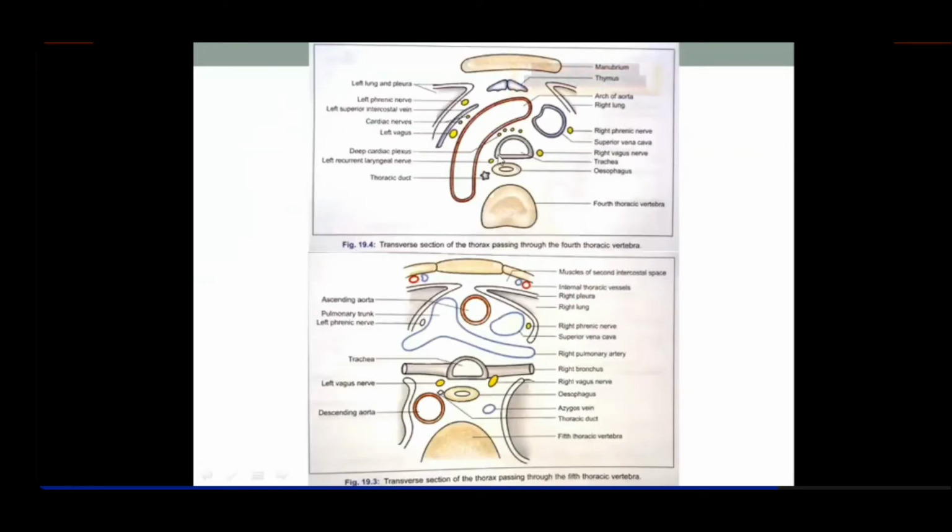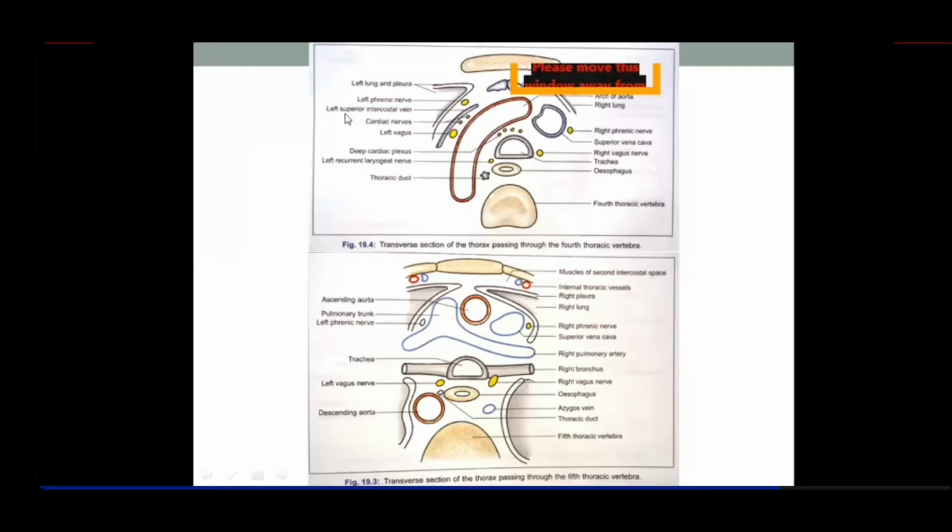So the correct answer is, you can see here, this is the section in the upper view. This diagram is the T4 cut section, this is the 5th thoracic segment, and this is the 4th thoracic. These diagrams you are asked to draw in your manuals, so you should learn these structures. Here you are seeing the arch of aorta.